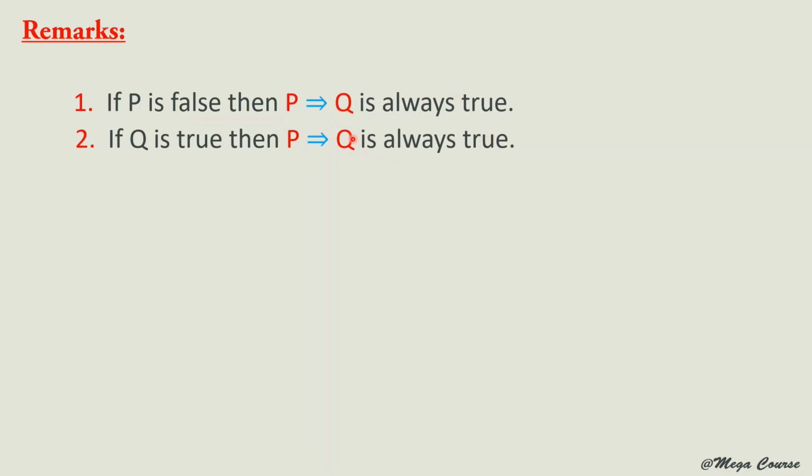So in the previous one we said if P is false, then P implies Q is always true. Imagine if Q is true and P is false. Of course, because of the previous one, we have P implies Q is always true. And if P is true and it gives us a Q statement which is true, then P implies Q is of course always true.